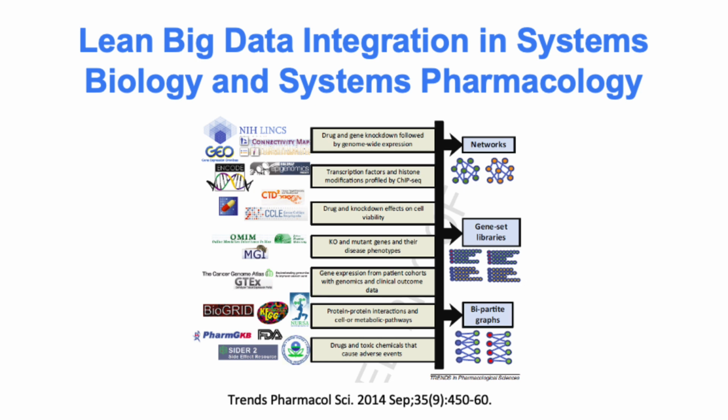So one of the things that happened to us as the DCIC for LINCS, we were awarded at the same time that those data generation centers were awarded, and we had some time that we needed to wait for the data to be generated.